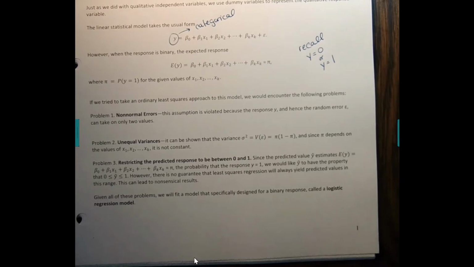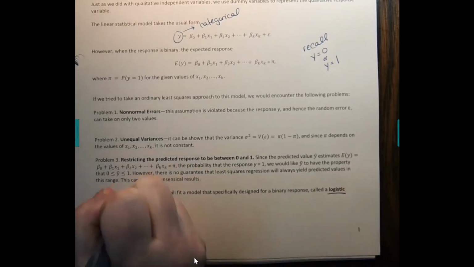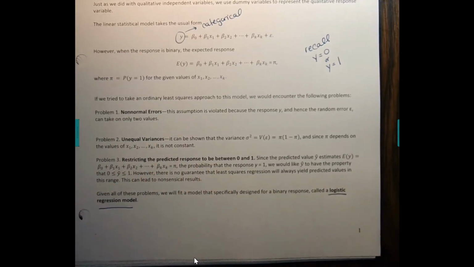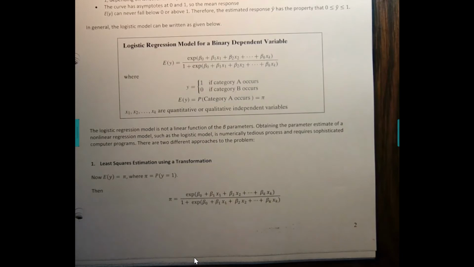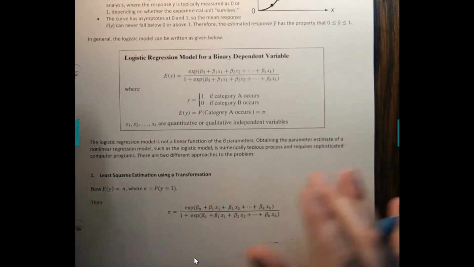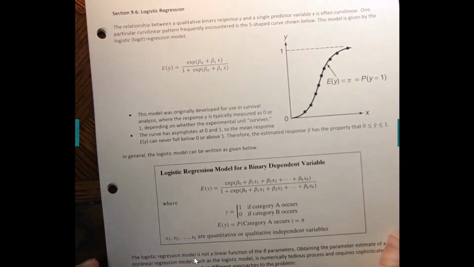Given all these three problems, instead of using the methods we used before, we're going to fit a model that's specifically designed for binary response, and it's what's called a logistic regression model. This is a special type of regression model that's used when you have a binary response variable. Section 9.6 focuses specifically on logistic regression.